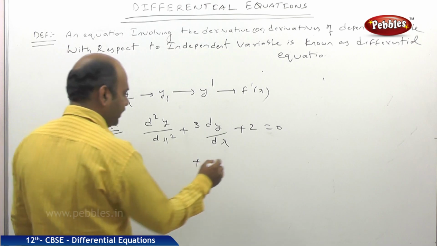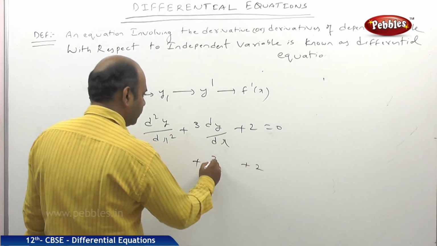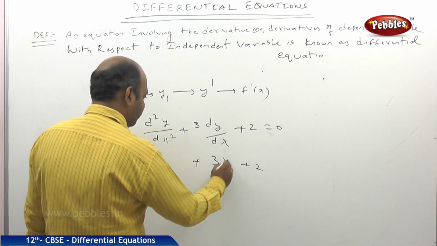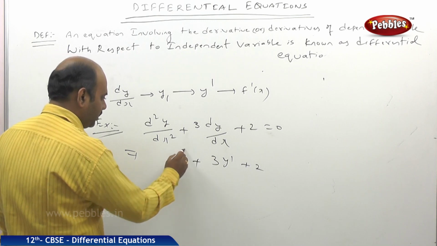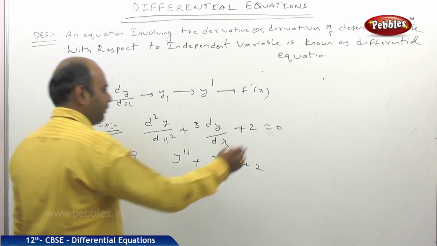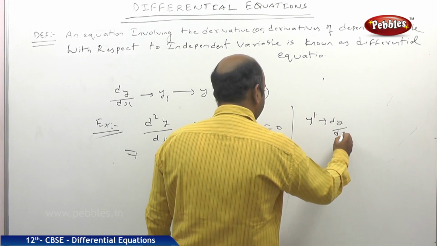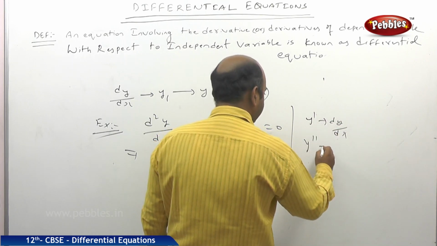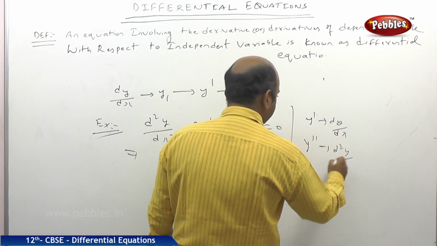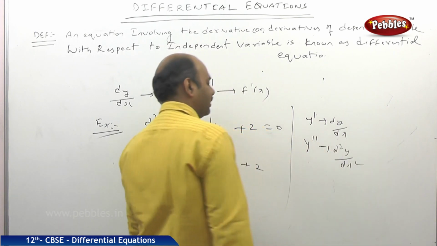So this will be y double dash plus 3 y dash plus 2. Why? Because y dash is defined as dy by dx and y double dash is defined as d square y by dx square.